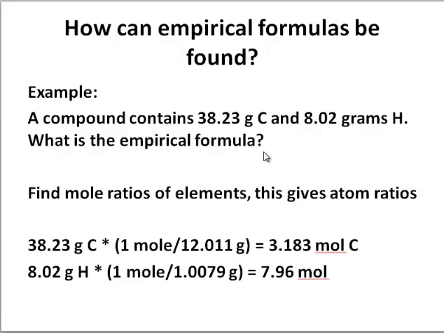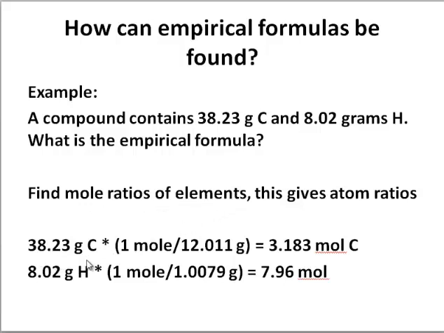A problem like this is always solved using the same steps. The first step is to find the mole ratio of elements and hence get the atom ratios. And the first step in finding mole ratios is to find the number of moles of each element.